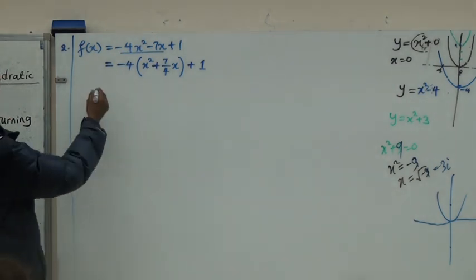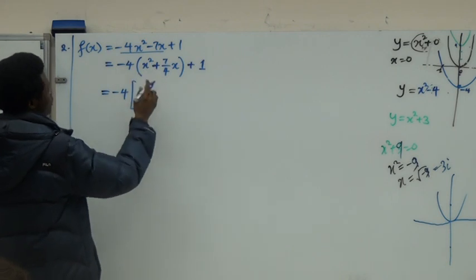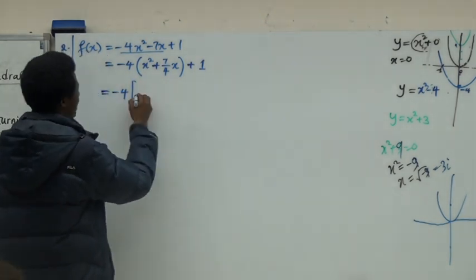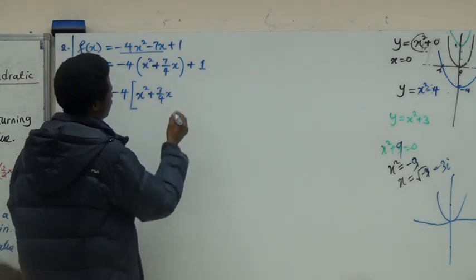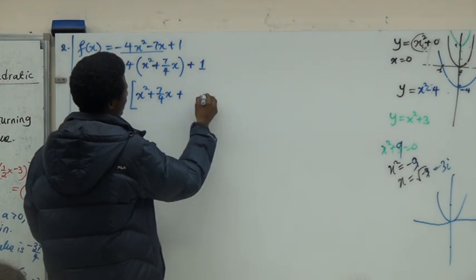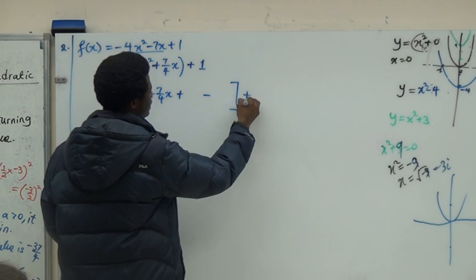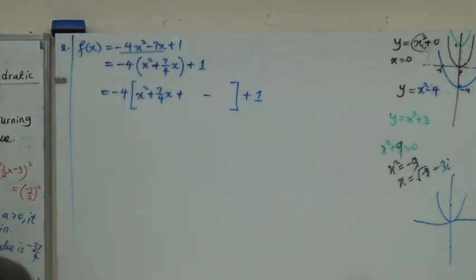Alright, so -4. I change this bracket to a bigger one because there's going to be another bracket inside anyways. I have x squared plus 7 over 4x. So I'm going to add something and subtract it immediately, and close the bracket, and this factor is going to be standing outside. We don't care about it yet.